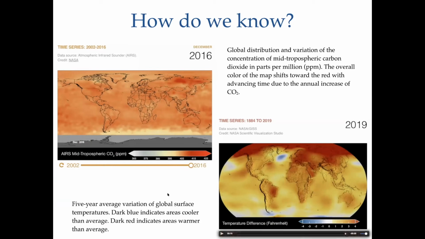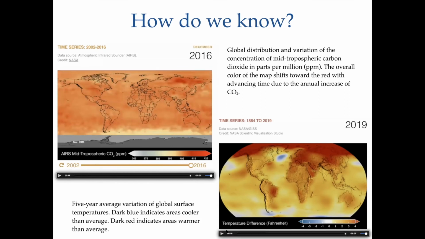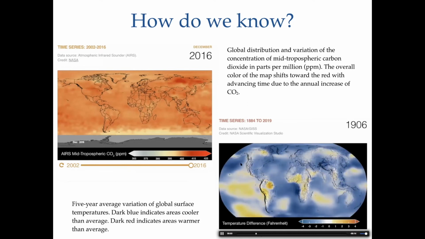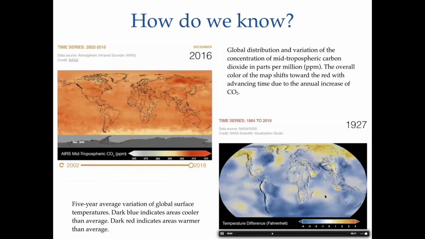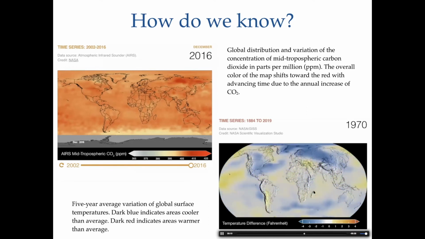It is kind of unbelievable to see, and I can play this again, how much, in this span of about 14 years, we changed the concentration of carbon dioxide in our atmosphere to the level of being completely red all over the world. Temperature is also not different, and we can see how much cooler the whole planet was before if we compare with much more recent days.